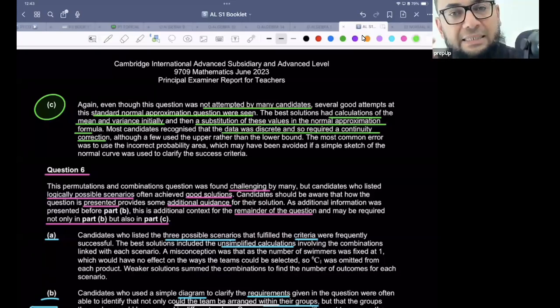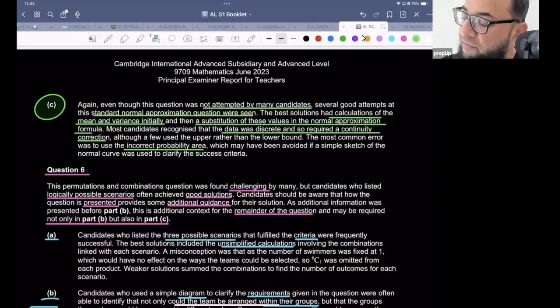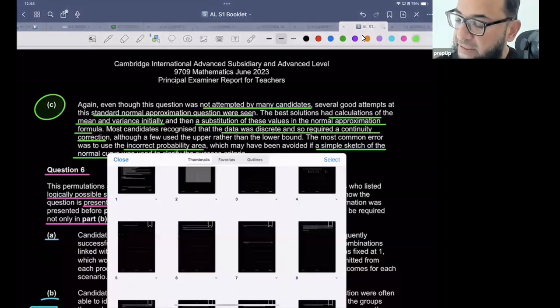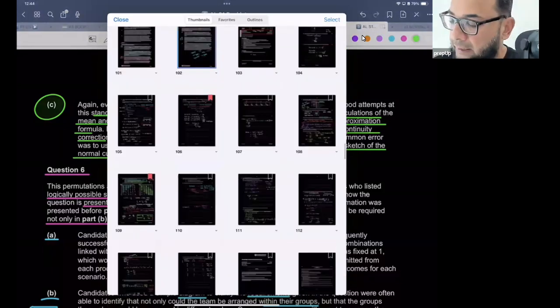That means they realized that continuity correction was needed, but they made a small error in choosing the wrong boundary. Instead of the lower class boundary, they chose the upper class boundary. That is why I emphasize to draw a small diagram, show every single piece of work. The most common error was to use the incorrect probability area, which may have been avoided if a simple sketch of the normal curve was used to clarify the success criteria. So that is the working for this particular part.